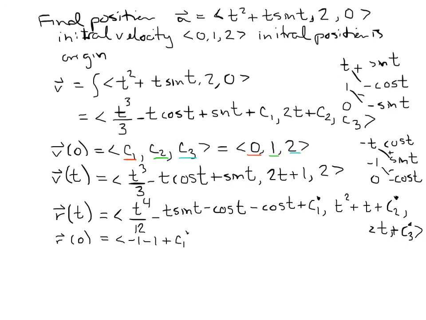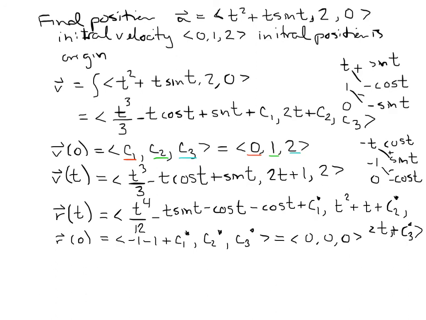Plus that c1 star. Plugging in 0 into this next term, we've got 0, 0, c2. And into the next one, 2t, well 2 times 0 is 0, we've got c3.